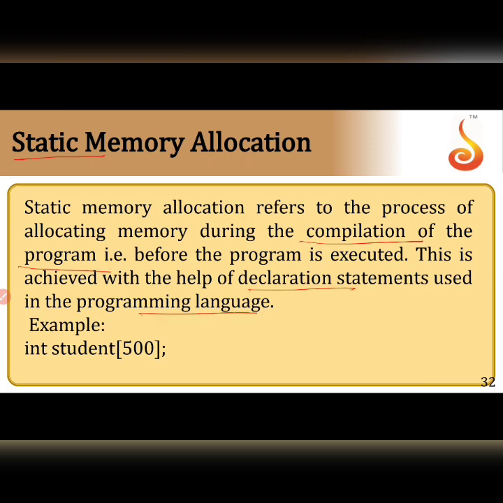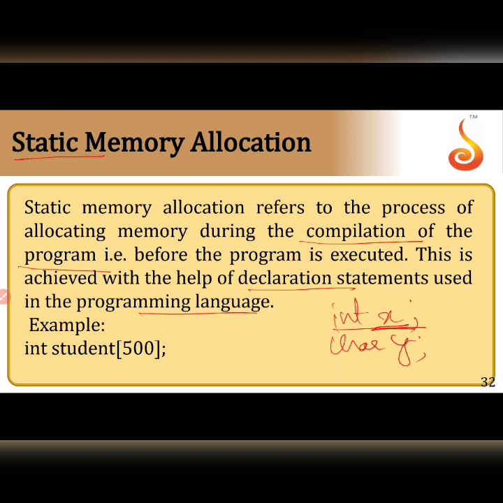Such kind of allocation is static memory allocation, and this is achieved with the help of declaration statements used in the programming language. For example, if I say int x, char y, what do you mean by that? I'm going to have a variable called x which is going to hold an integer value, so 2 bytes. This is a declaration statement wherein I'm declaring a variable. It's a very simple declaration statement.